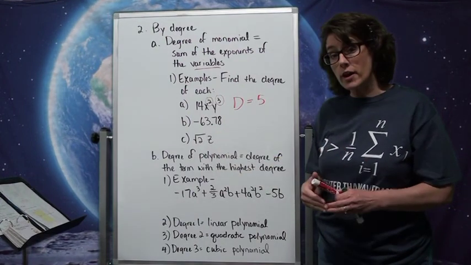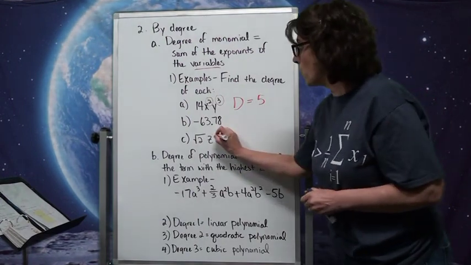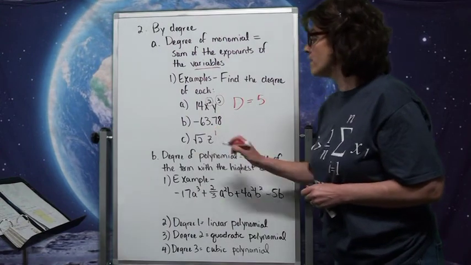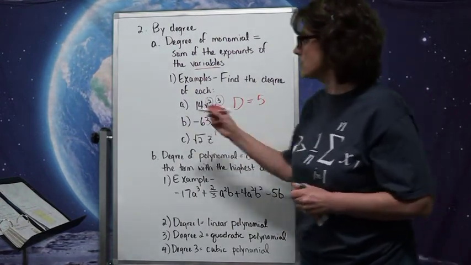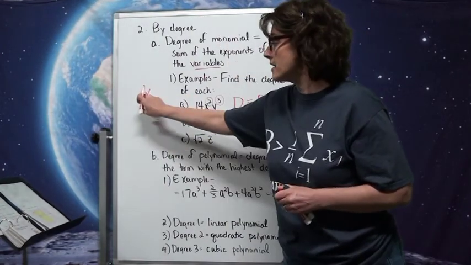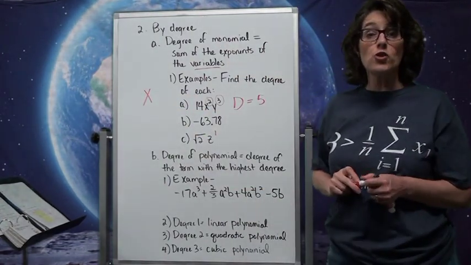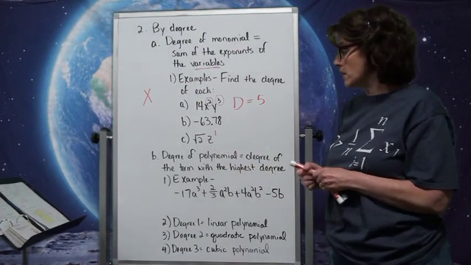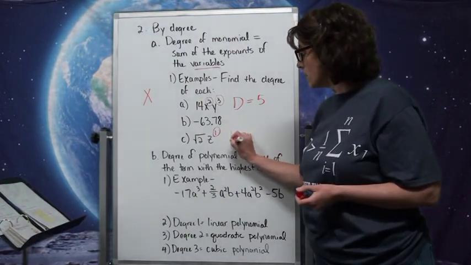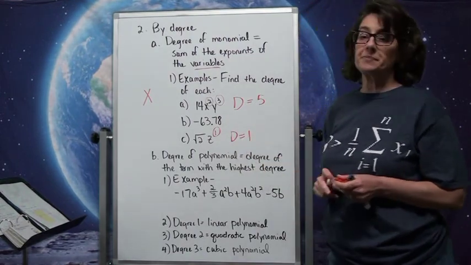When it doesn't look like there's an exponent there, it's understood to be a 1. Just like if you would have a variable and it doesn't look like there's a coefficient on that variable, say for instance I've got a variable sitting like this and it doesn't look like there's a coefficient there, it's an understood 1. Same thing here. So I have an understood 1 exponent. So if that's my only exponent, that means this is degree 1.